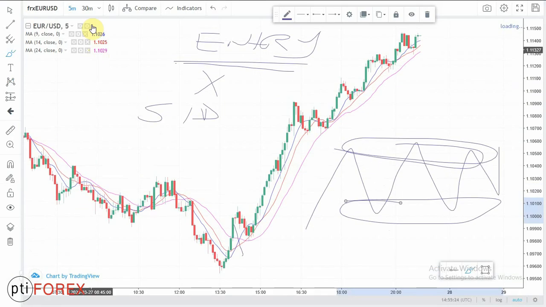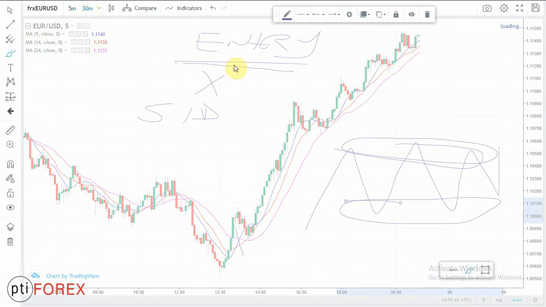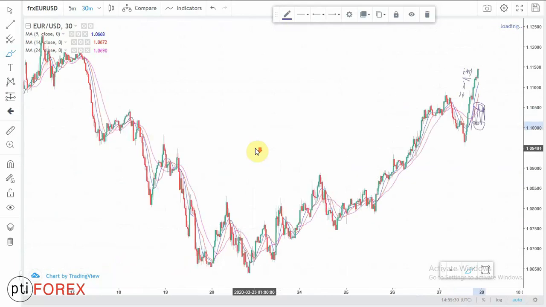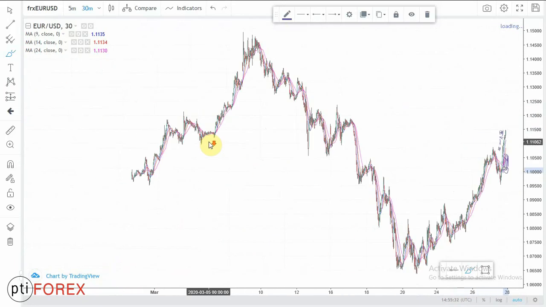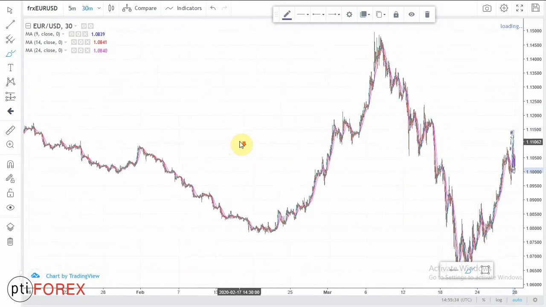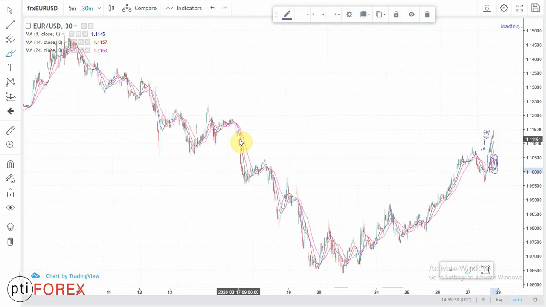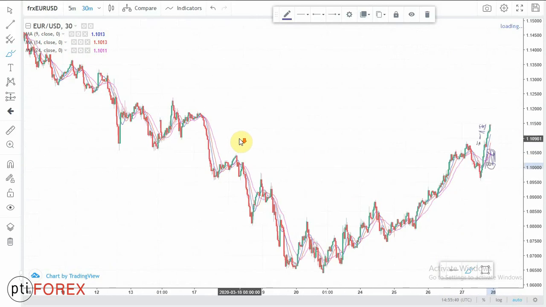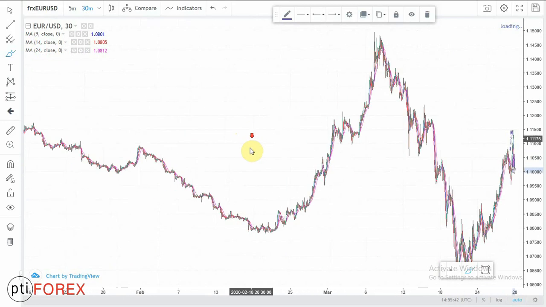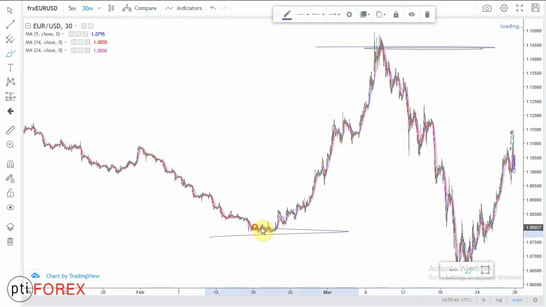For example, let me just check where we can have multi-confirmed support and resistance, key levels where the market responded. Maybe let's just use these levels, like here, here, here, and this level down there.